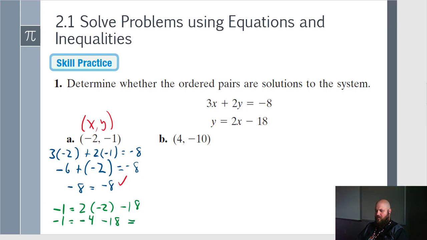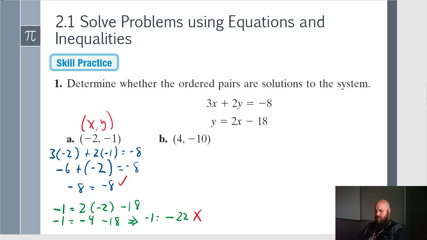All right, I should put a little therefore arrow right here. So therefore we have -1 equals -4 minus 18. Since those are both the same sign, we know we're still going to have a negative value, and we're going to add those two values together. So 18 plus 4 gives us 22. So does -1 equal -22?